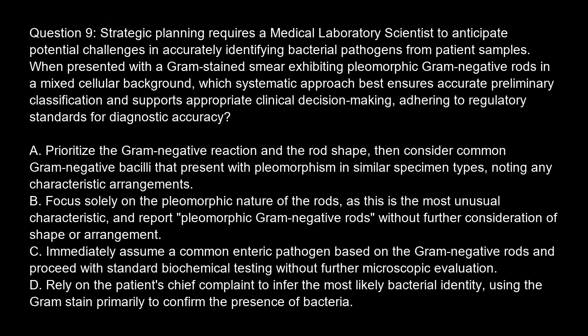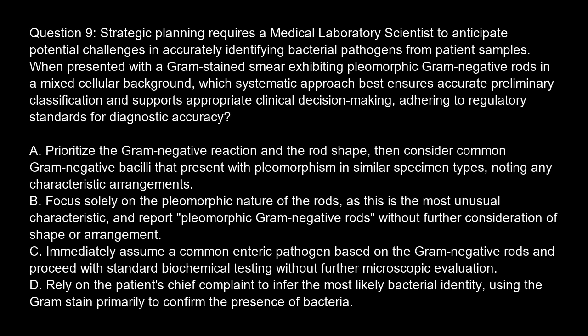Option A. Prioritize the gram-negative reaction and the rod shape, then consider common gram-negative bacilli that present with pleomorphism in similar specimen types, noting any characteristic arrangements. Option B. Focus solely on the pleomorphic nature of the rods, as this is the most unusual characteristic, and report pleomorphic gram-negative rods without further consideration of shape or arrangement.